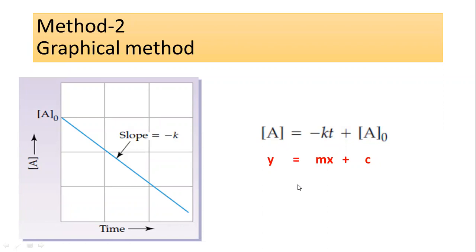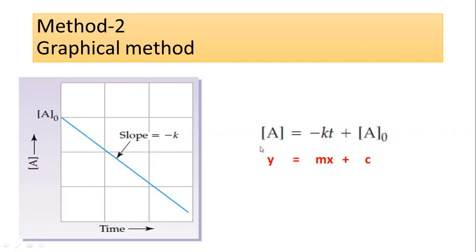So now coming to the final conclusion, how you can say that this graphical method is for the zero order reaction. Again, this is a very important statement. If you plot a graph between A, the concentration of reactant, versus time, these variables are only for the zero order reaction as given over here.